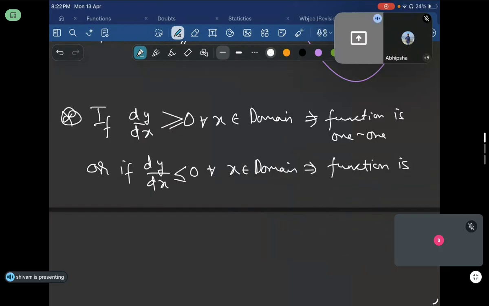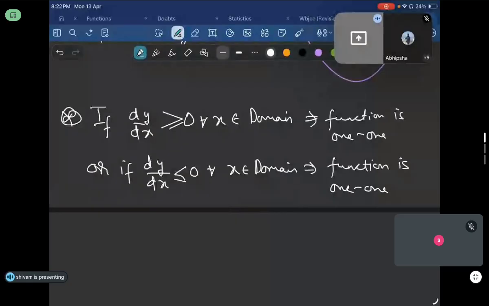When can we say that the function is one-one? Tell me. Are you getting it? Yes, sir.